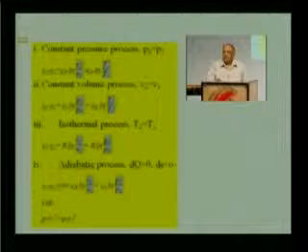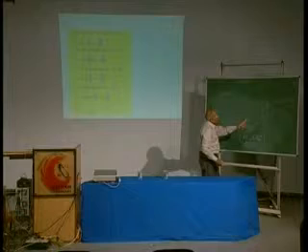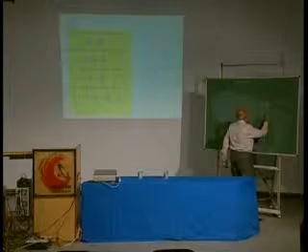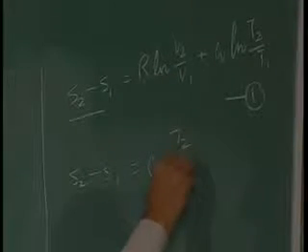These three equations can be used to calculate the change in entropy for constant pressure processes, constant volume processes, constant temperature processes and adiabatic processes. For a constant volume process, S2 minus S1 would be Cv log T2 by T1.